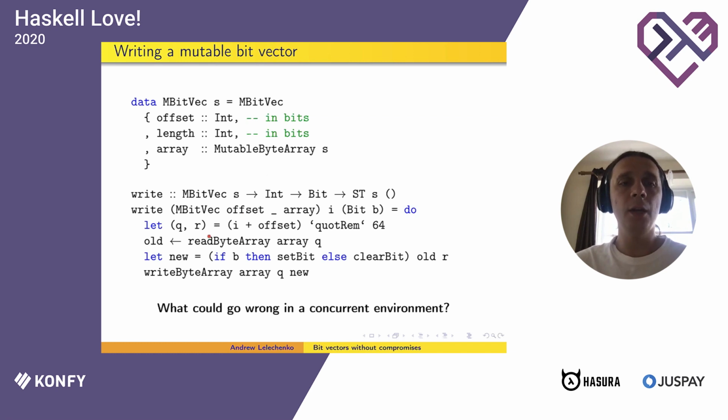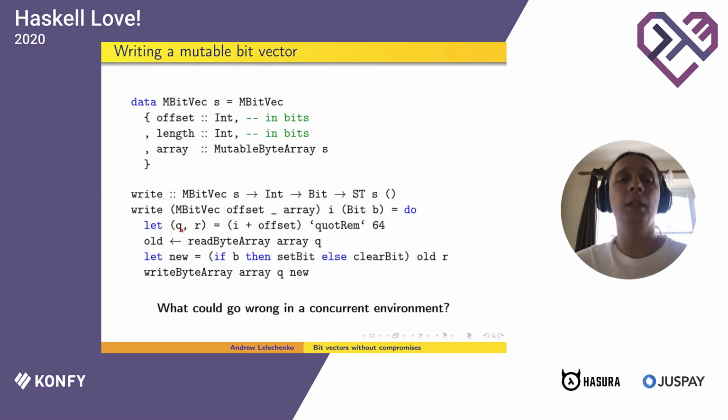In this line, we read a word, 64 bits, from our array. Then we compute the new value of this word, and then we write it down. But the problem is, imagine that I run two threads, and the first thread is writing one to the first bit, and the second thread is writing one to the second bit.